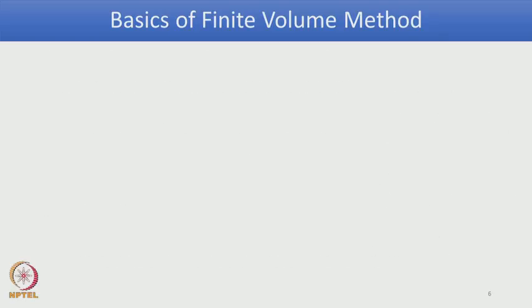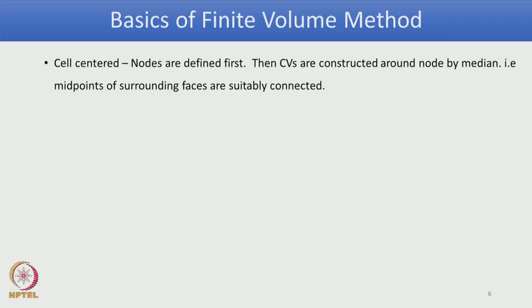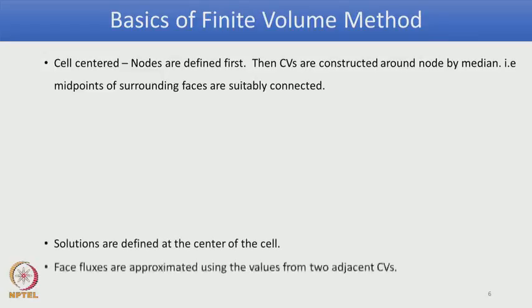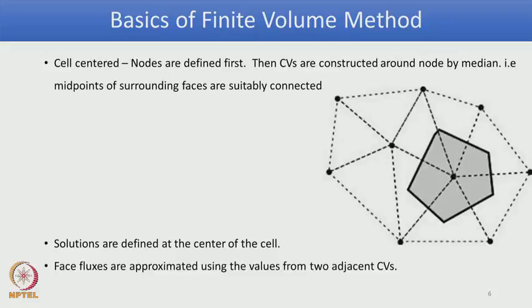There is another method called cell centered finite volume mesh. In this, nodes are defined first, then control volumes are constructed around the node by median. In other words, midpoints of the surrounding faces are suitably connected. If you look at that mesh arrangement, each one of them is a vertex, then you construct a control volume around that vertex by taking the midpoint of the two vertices responsible for that control volume.